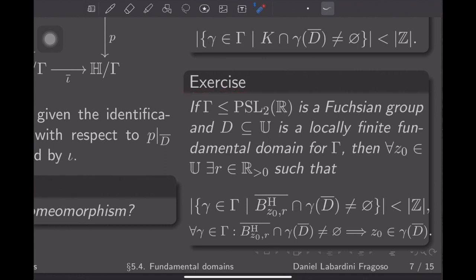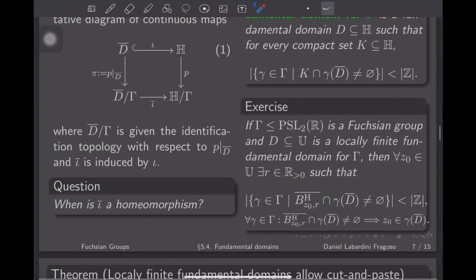What the exercise says is that if you give me a locally finite fundamental domain, then around each point in the hyperbolic plane there is a compact disk of positive radius with the following properties.